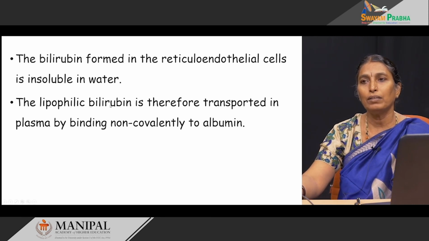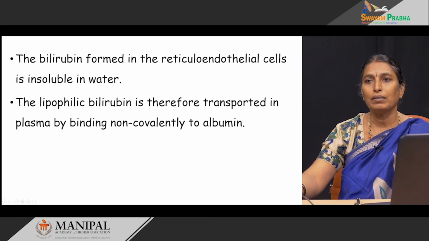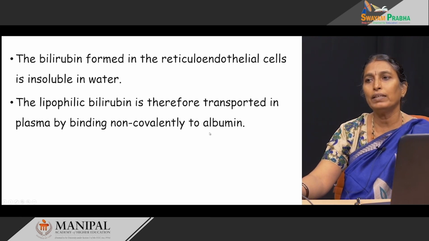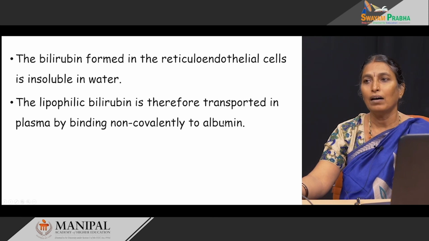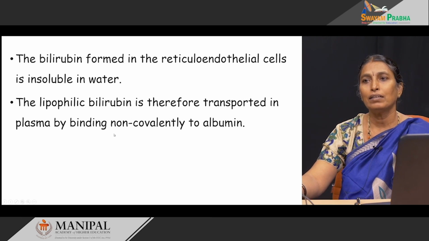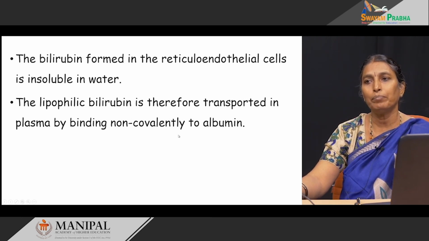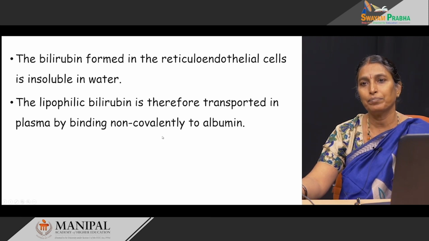This lipophilic bilirubin is therefore transported in plasma by binding non-covalently to albumin. Albumin is a plasma protein. Since lipophilic bilirubin binds to albumin, that makes it more water soluble, but the binding is non-covalent, which means it can be released easily.